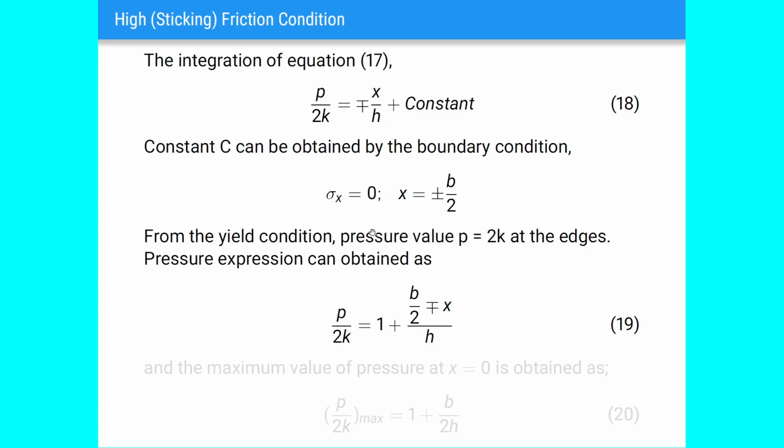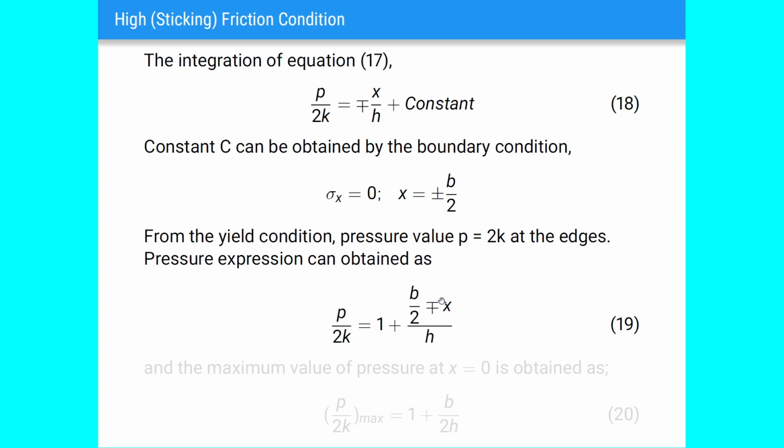From the yield condition, the pressure value p equals 2k at the edges, so you can get the pressure expression as below: p upon 2k equal to 1 plus b upon 2 minus plus x upon h.